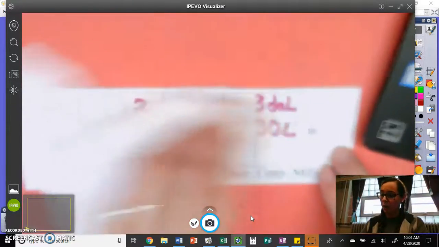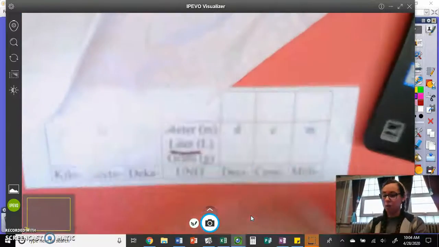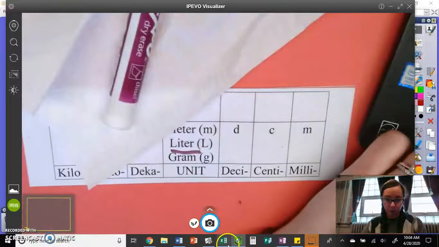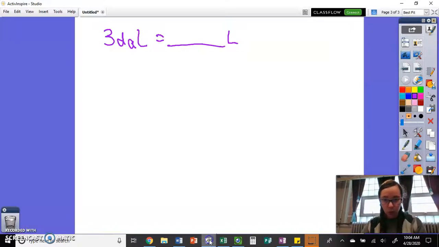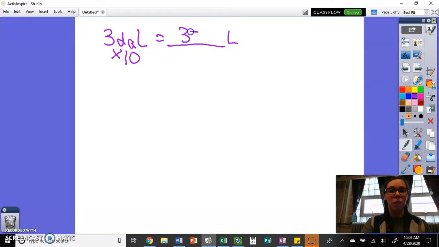Okay, let's write that example in our notes. Here we go. So here, going from a big unit to a small unit, you still multiply, but instead of multiplying by a base number, you multiply by 10. 3 times 10 is 30.